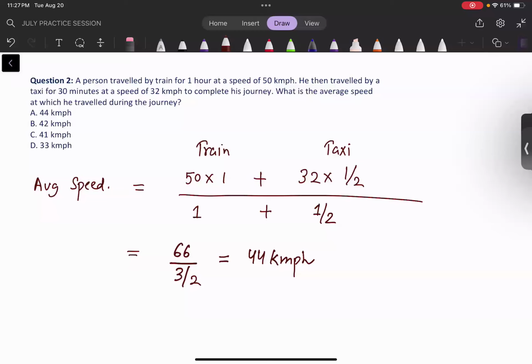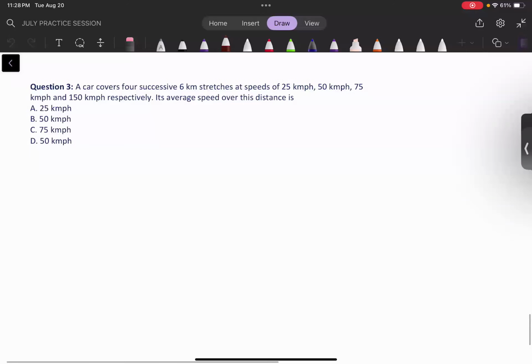All right. Just one last question. All right. Carefully observe this. A car covers four successive 6 kilometer stretches. A stretch is a part of a road, I can say.